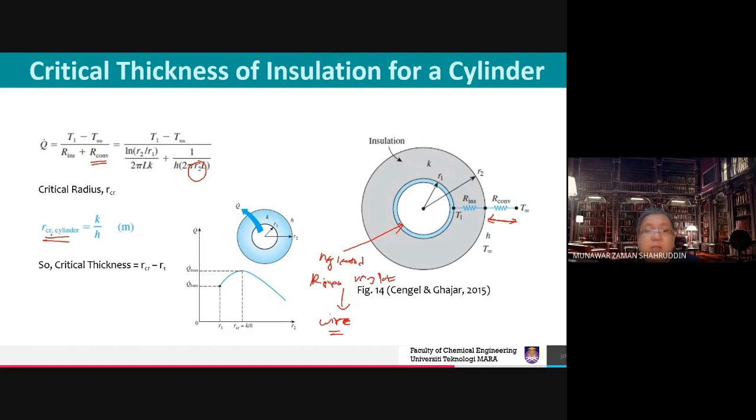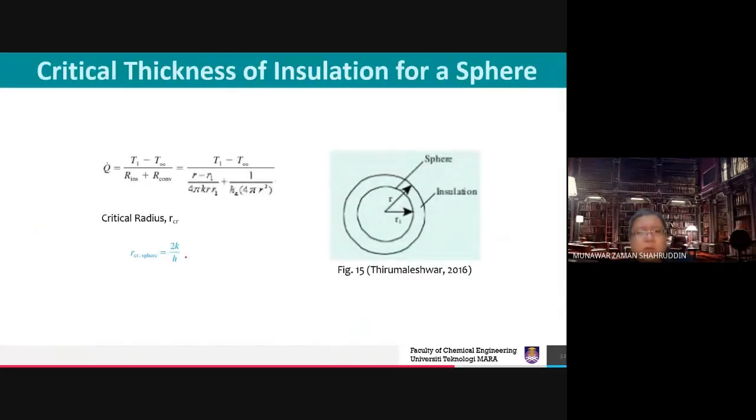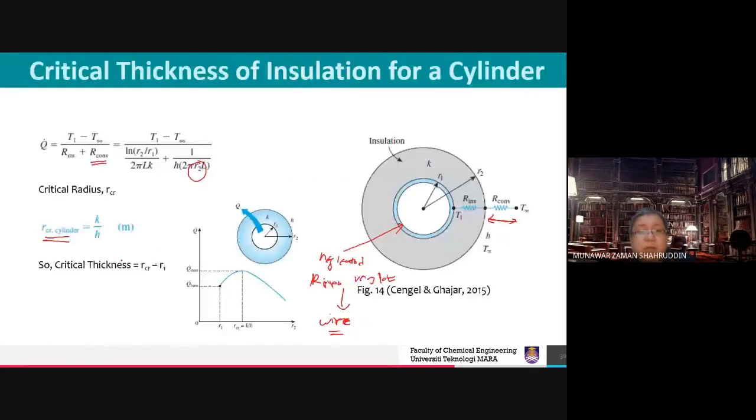So basically critical radius ni untuk silinder. Kalau untuk sphere dia 2K over H. Sphere pun ada juga. Dan kalau untuk silinder dia K over H je. K is conductivity of insulator.